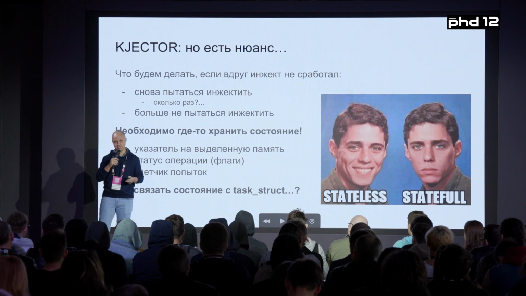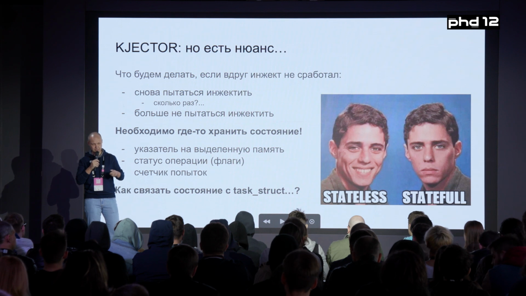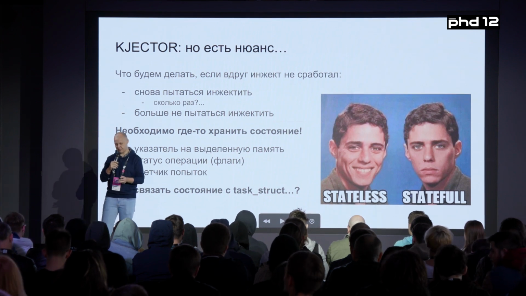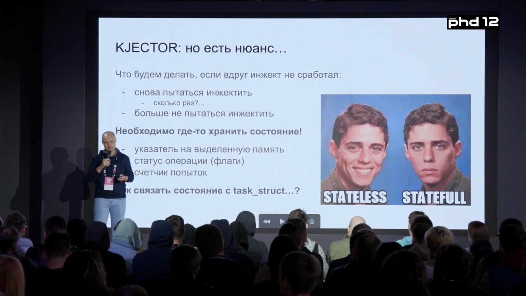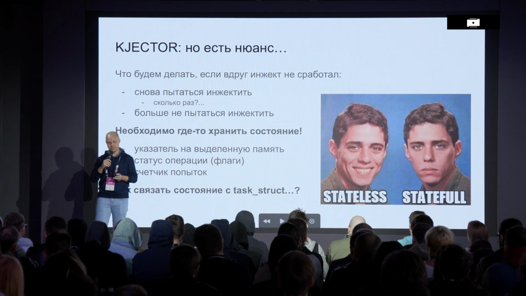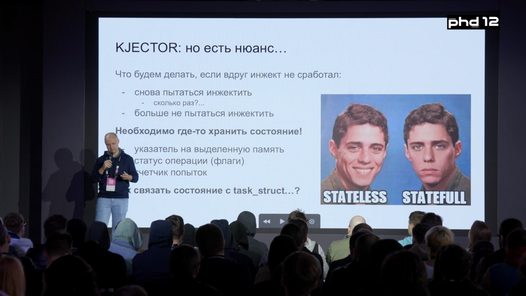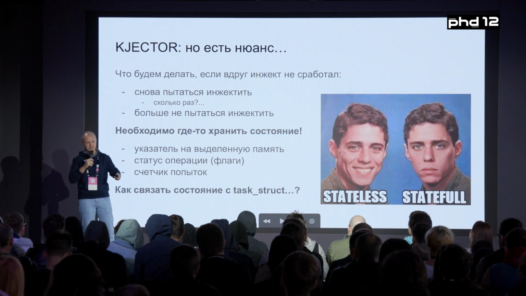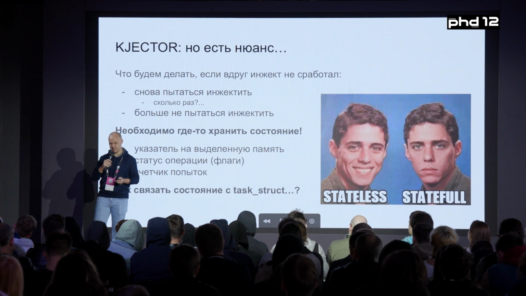Also, operation status, like a flag. For example, we have failed to inject in the first run. And before we start the next cycle, we need to know if that was attempt 1 or attempt 5, whatever. And that actually requires having an attempt counter. How can we link all this to task struct? If you've done any kernel programming, you must have seen situations like this, when we need to append some meta information to a given process.